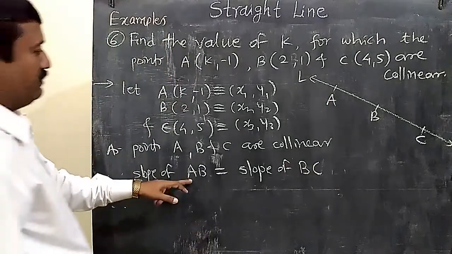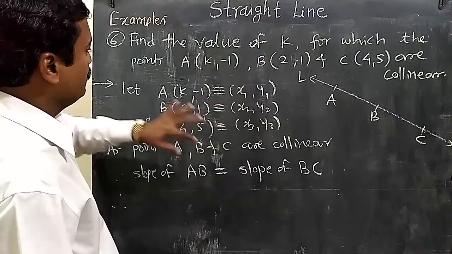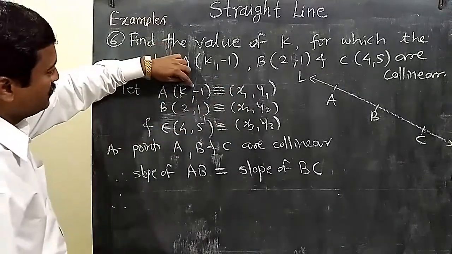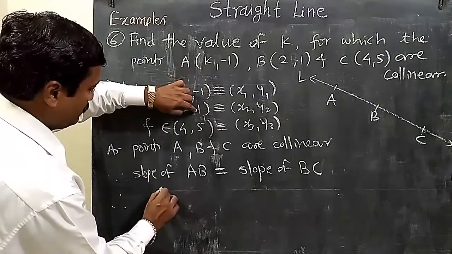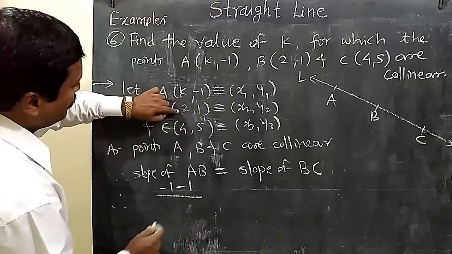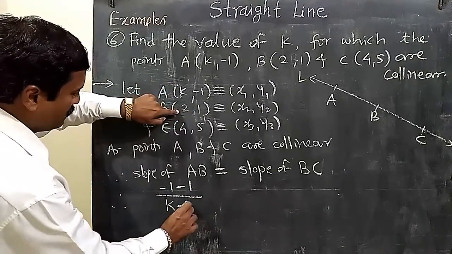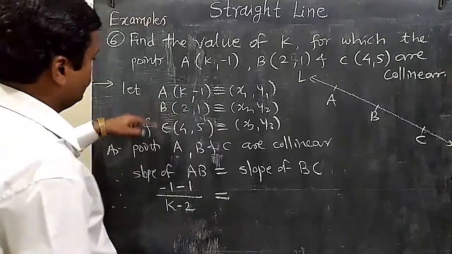Therefore, what is the slope of AB? It can be obtained by taking the difference between y coordinates upon the difference between x coordinates. Here, the slope of AB is minus 2 upon k minus 2, and it is equal to the slope of BC.